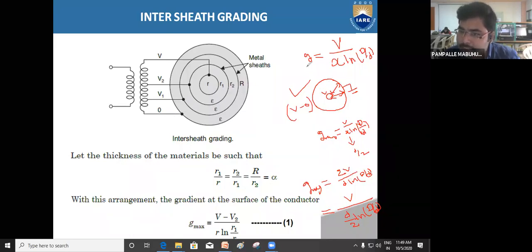So by using this equation, you have to develop the potential gradient equation when you consider the intersheath also.